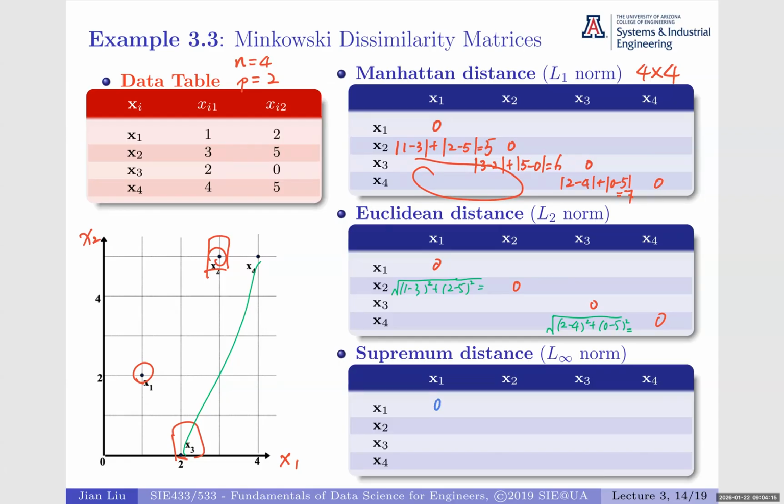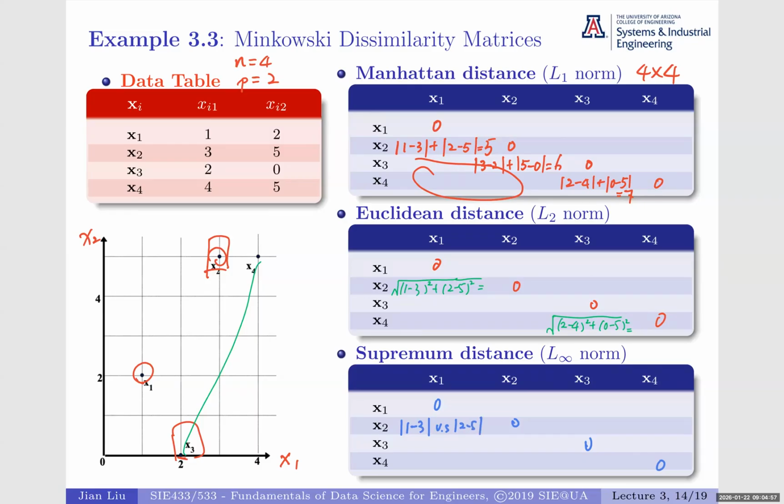I'll use the blue. Horizontal axis. So for supremum distance, if we consider the distance between x1 and x2, we have to compare the two absolute distances with respect to x1 and x2. The first dimension is 1 minus 3, and the other one, the second dimension, is 2 minus 5.